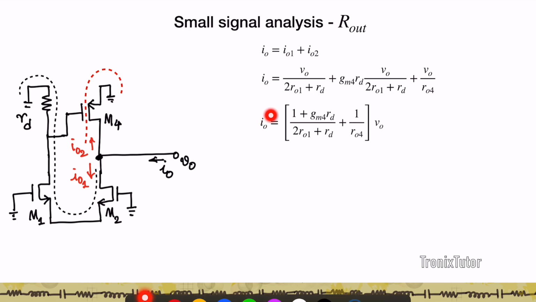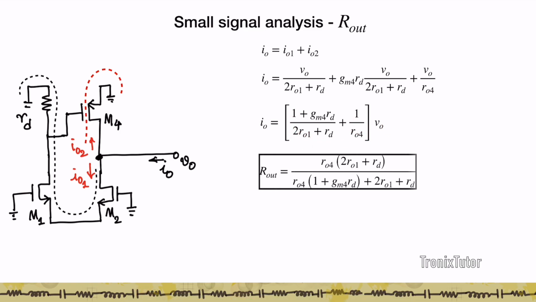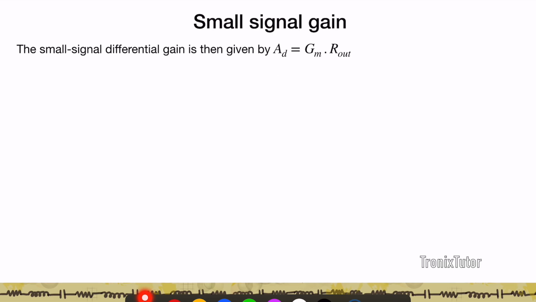And so I can write my IO in terms of some 1 by resistance times VO, and therefore my R out is the reciprocal of this term, which is RO4 into 2 RO1 plus RD by RO4 into 1 plus GM4 RD plus 2 RO1 plus RD.